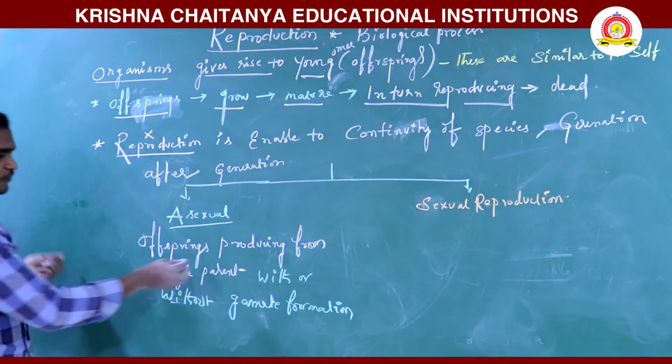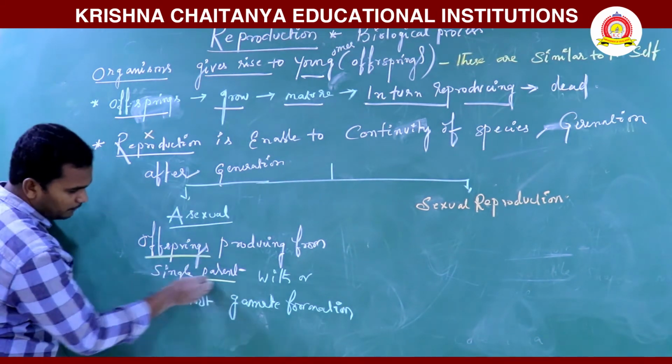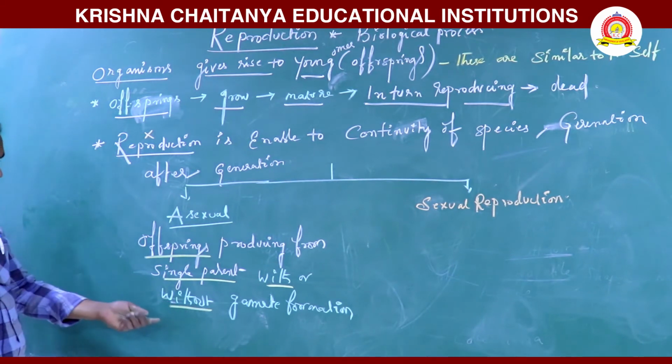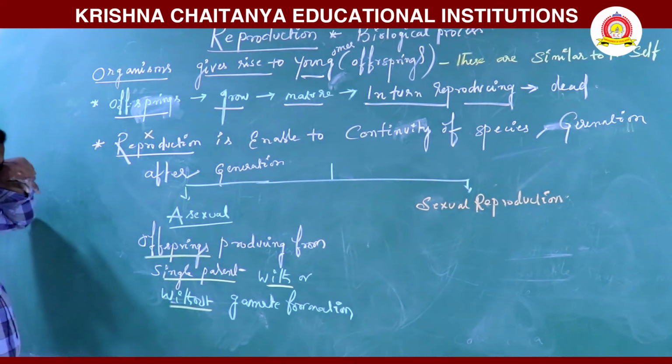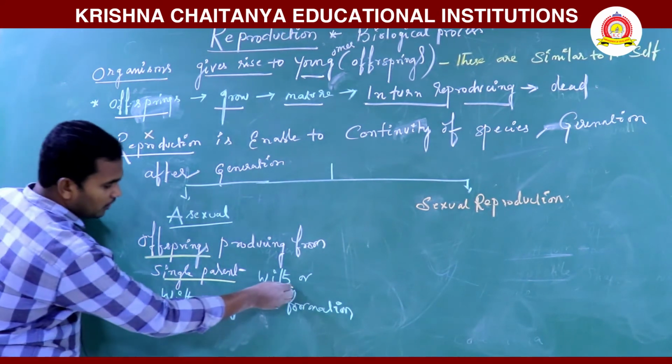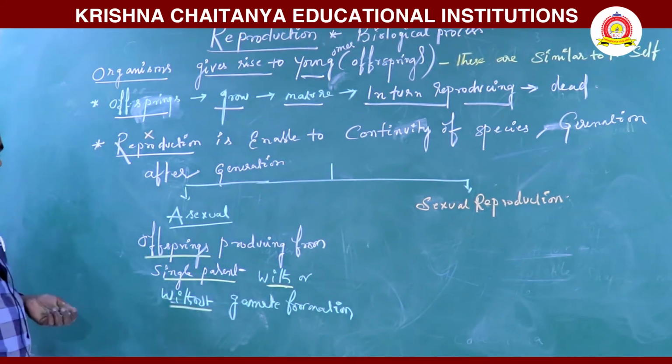So offsprings are produced from a single parent with or without involvement of gamete formation.